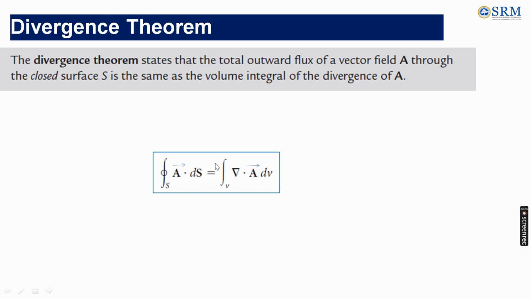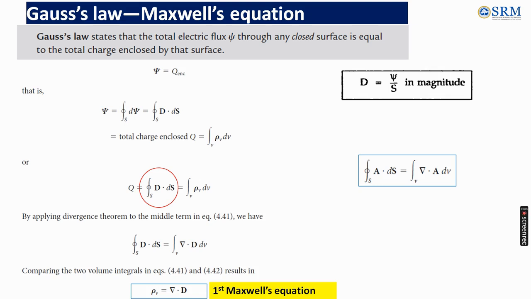The total outward flux of a vector field, and we just saw that flux is nothing but lines of force, through a closed surface is equal to the volume integral of the divergence of the same vector. So it relates the surface integral of a vector field to the volume integral of the divergence of the same vector. This is my divergence theorem.